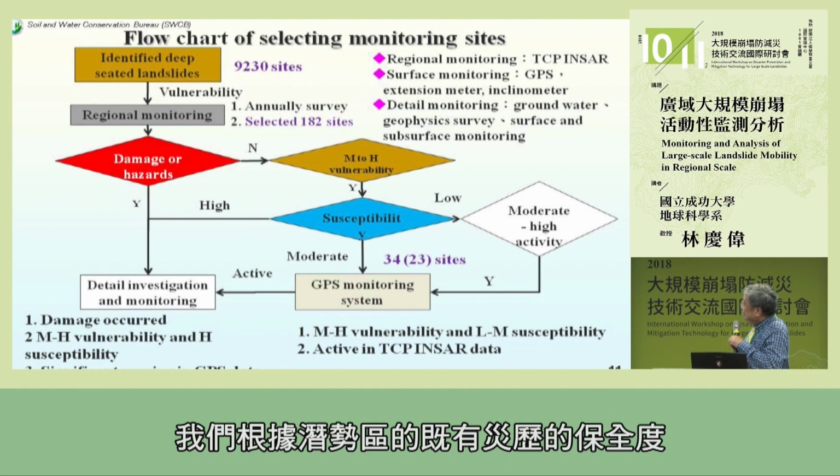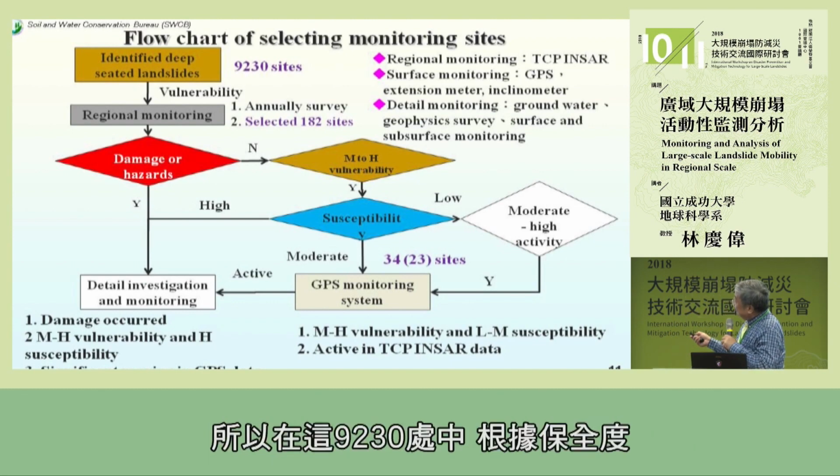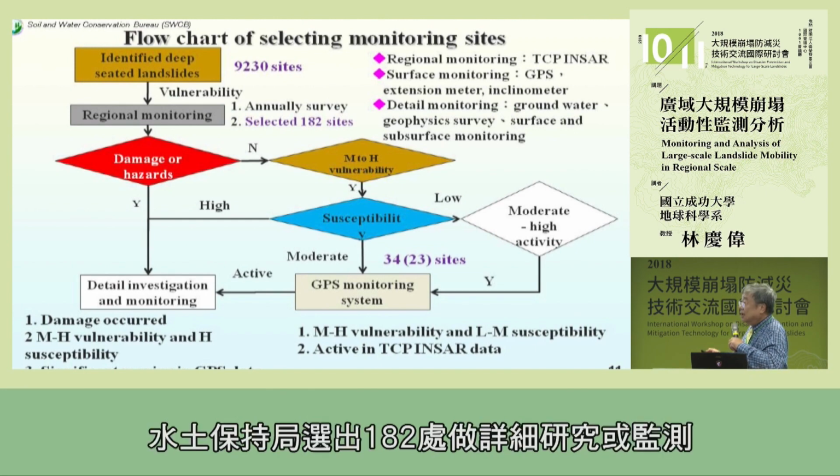We consider damage or historic hazard, and also consider vulnerability, susceptibility, and the activity of deep-seated landslides. Within the 9,230 sites, first, regarding vulnerability, the Soil and Water Conservation Bureau selected 182 sites for detailed study or monitoring.